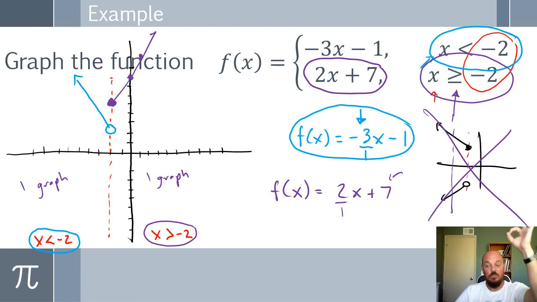The point is at the other place. So the filled in dot, the closed circle, represents the point on the graph. The open circle represents an empty spot where the other graph is ending right there. It's a little bit confusing, but just remember, you can only have one point on that line. If you put 2 filled in circles, it's not a function anymore, and that doesn't work.